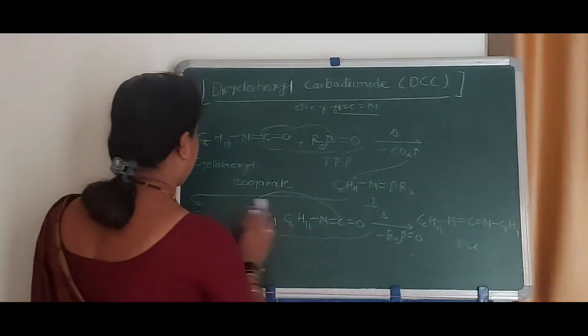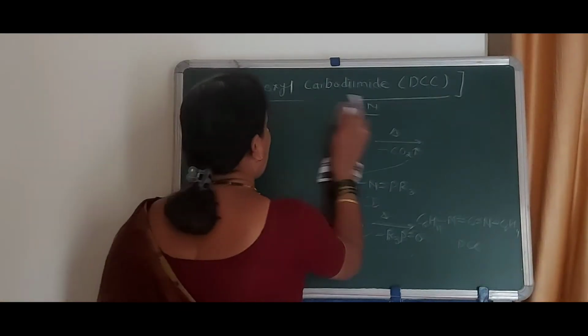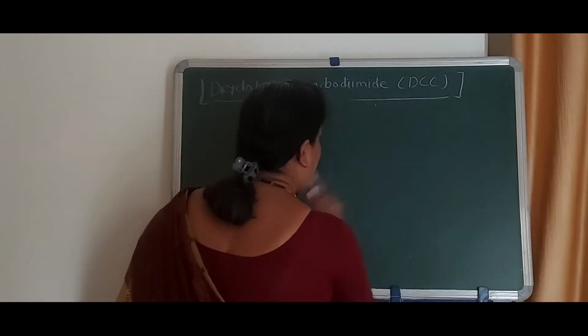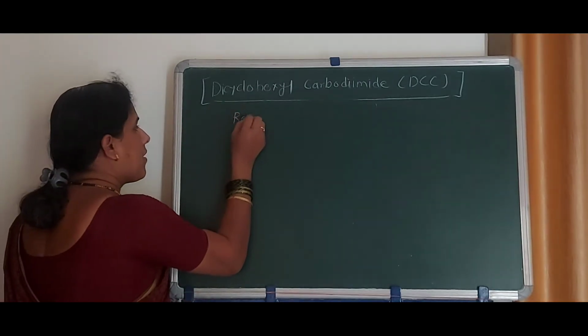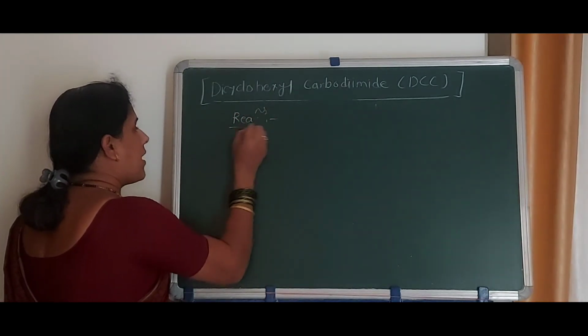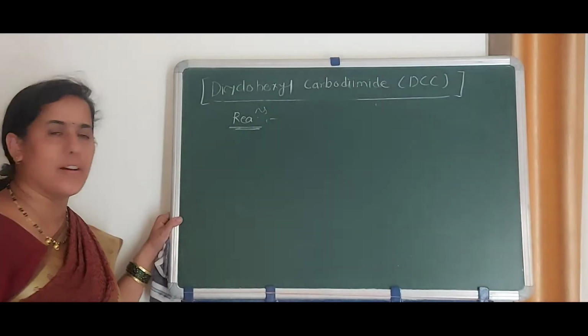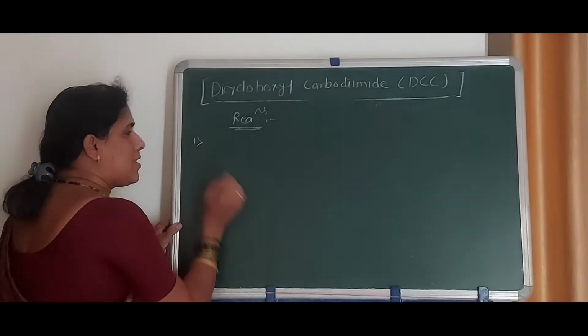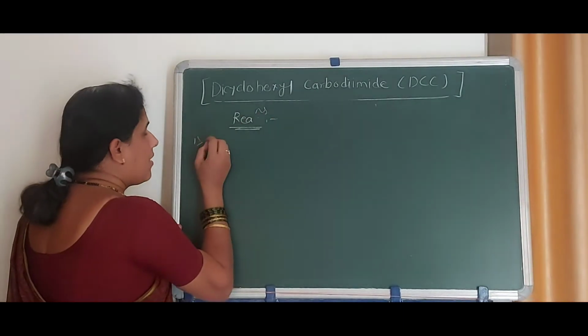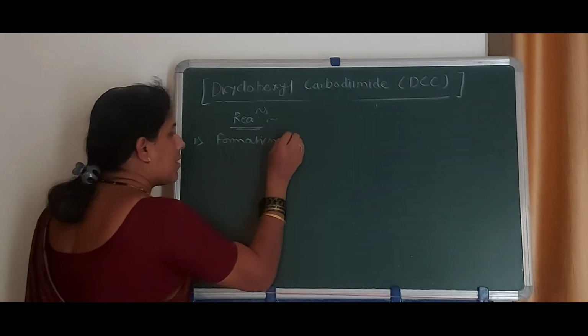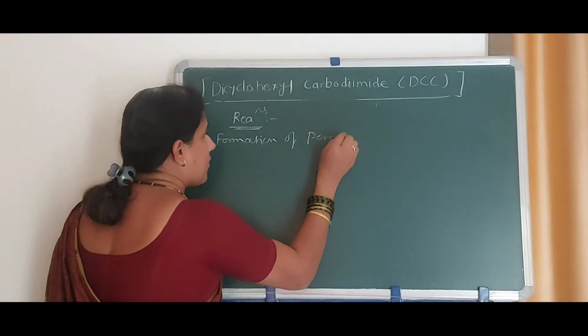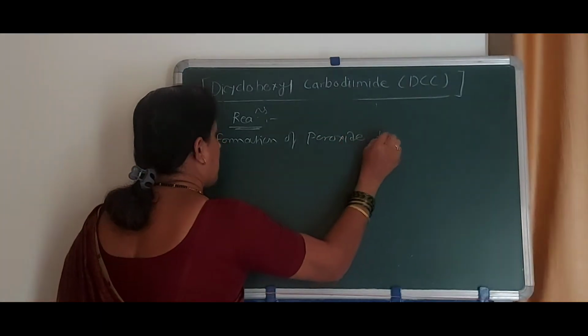Now we come to its reactions. What are the reactions? The first kind of reaction is the formation of peroxide derivatives.